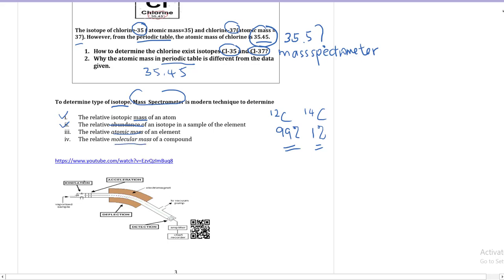Okay, this is the machine. First, they vaporize a sample, so you will form an ionized sample. In this machine, they will form 2 ions. The first one is 35Cl+, and the second one is 37Cl+.